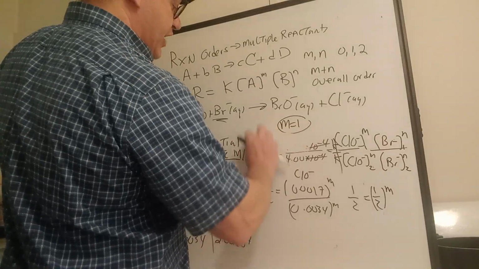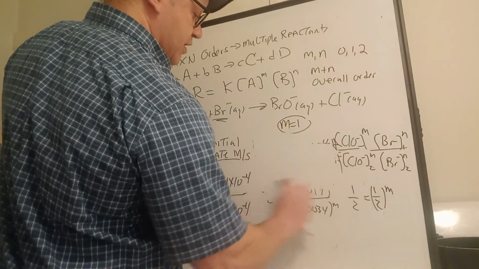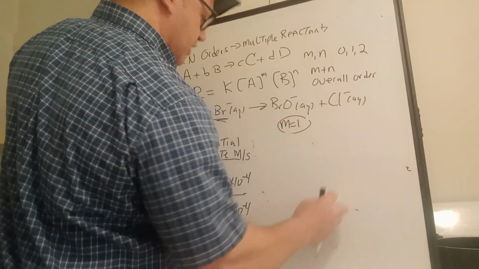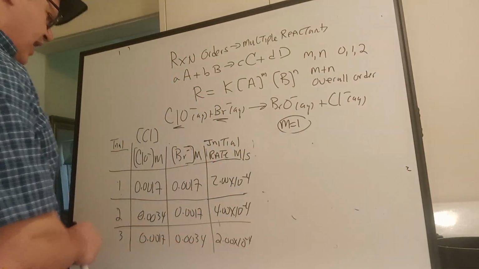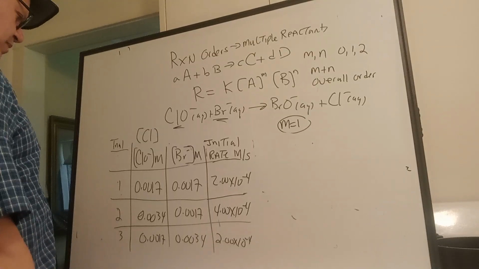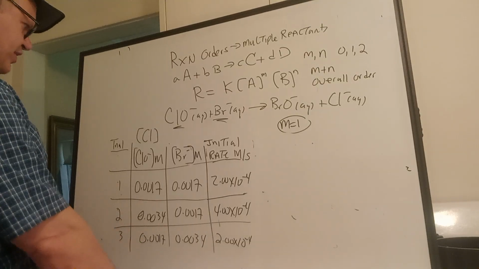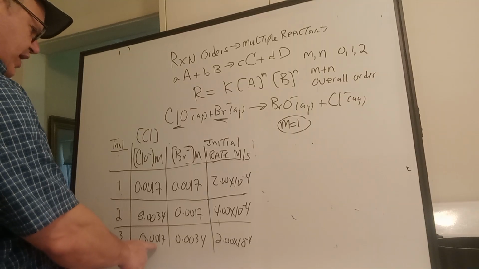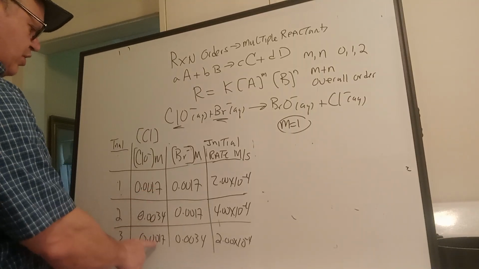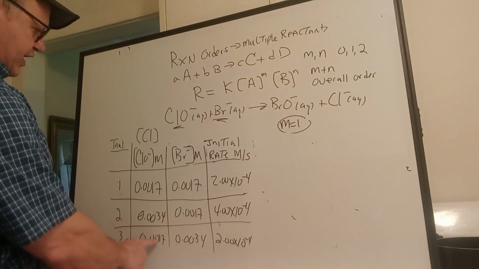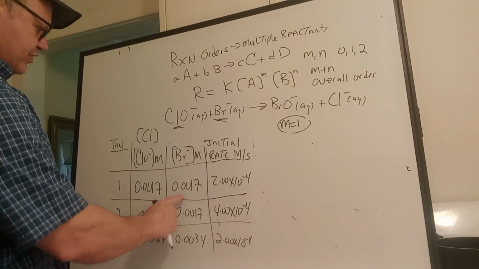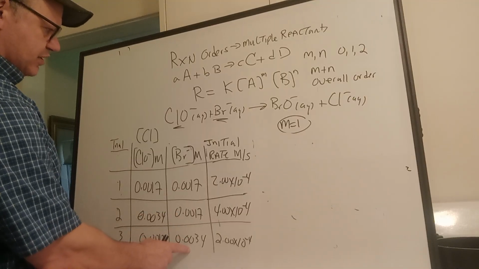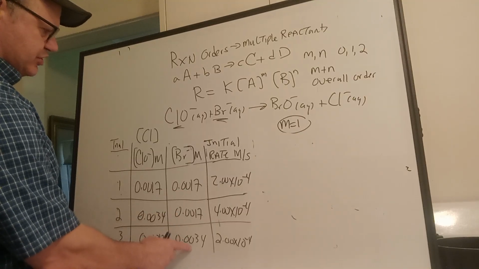So let's do the same thing with trials. An easy way to do this is pick trials where something is constant. Between trials 1 and 3, we have the chloride ion constant, but the bromide ion is doubling.